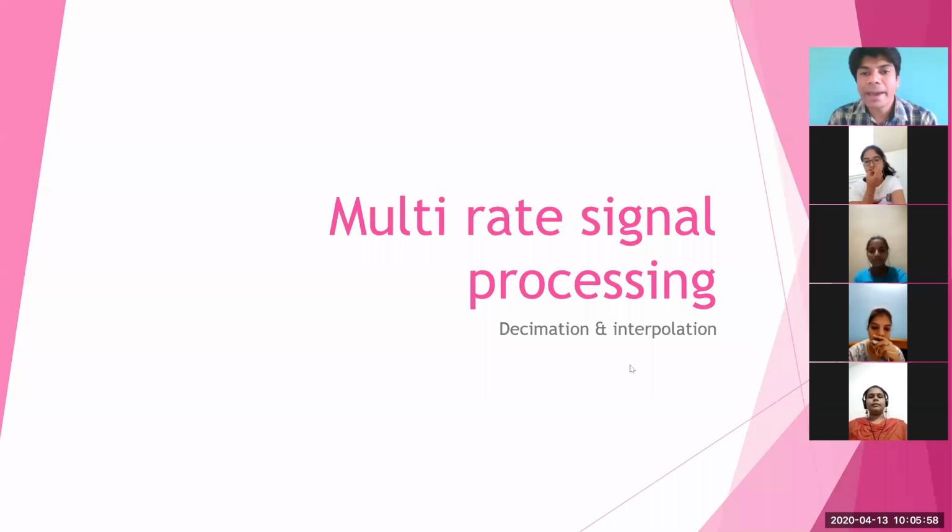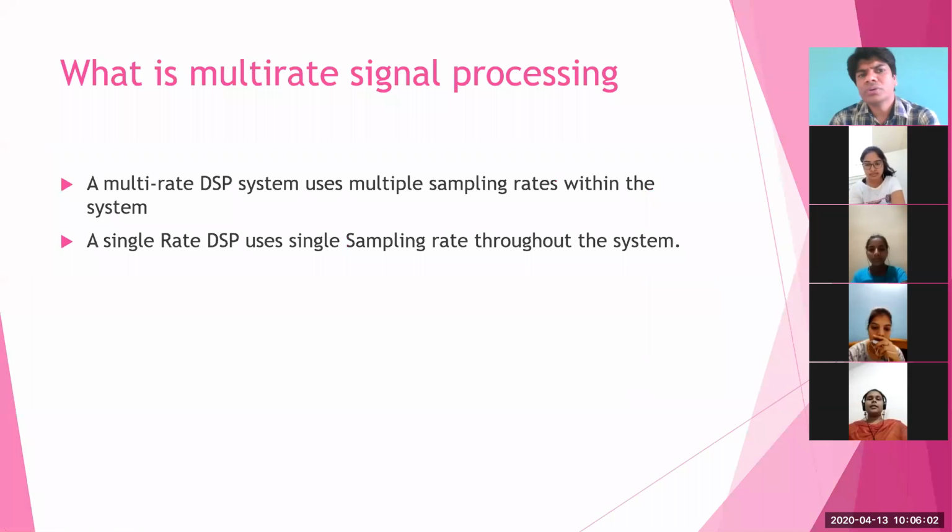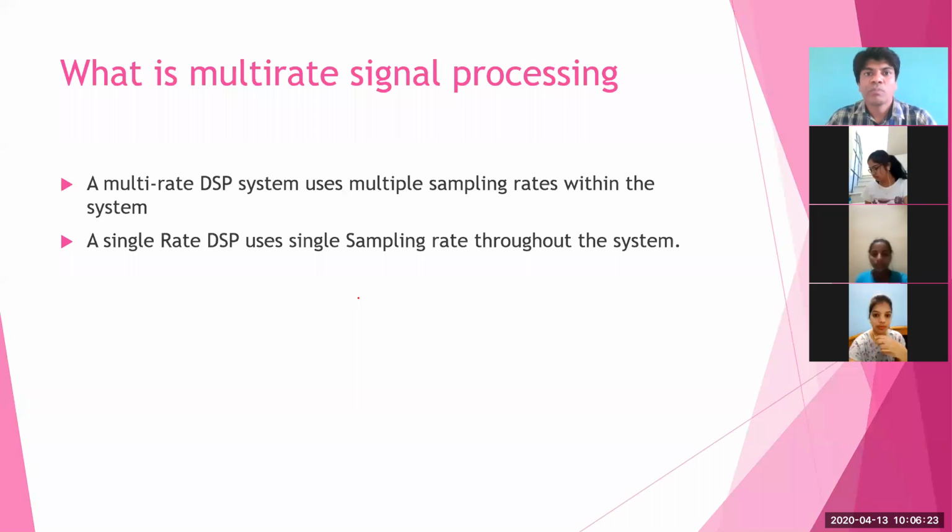Okay, now coming back to multi-rate signal processing, and what exactly is multi-rate signal processing? Well, typical DSP systems, what we have discussed so far, use only a single sampling rate. That means the input sampling rate and the output sampling rate both are the same.